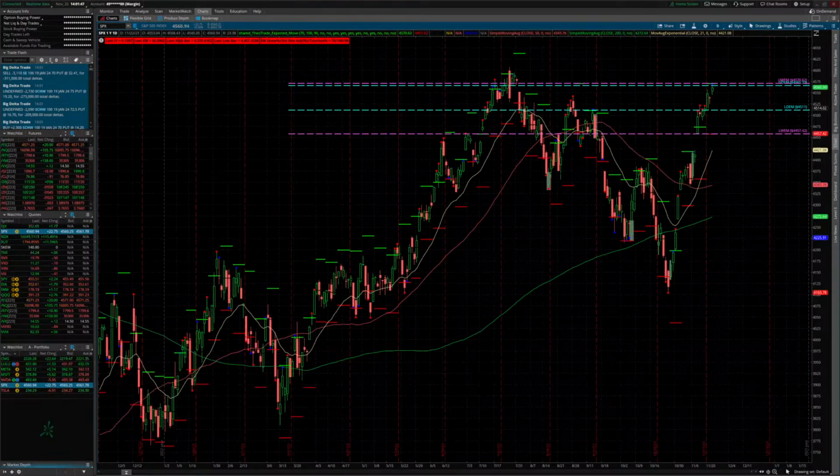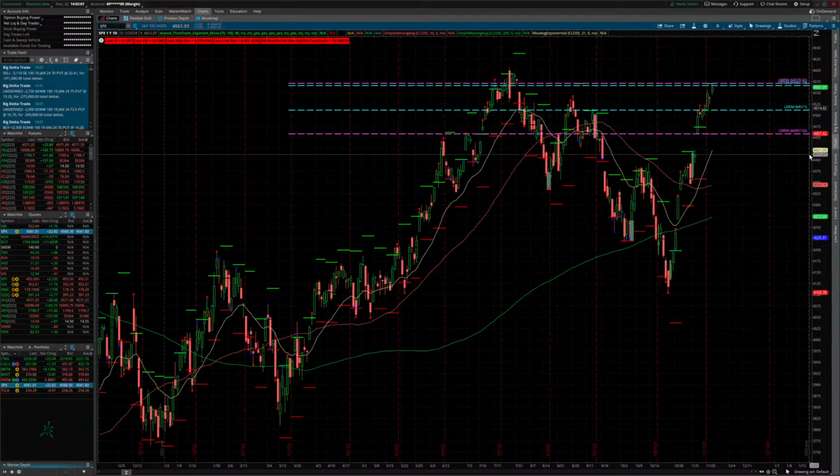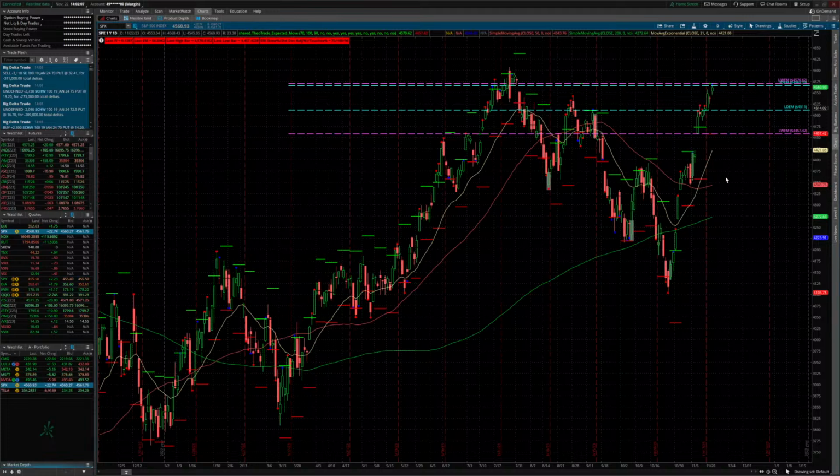I have an indicator in Thinkorswim. This is not mine to give away. I got this from someone else, but it is showing these lines. So this is last week. These little dashed lines showing the lower and upper weekly expected move.